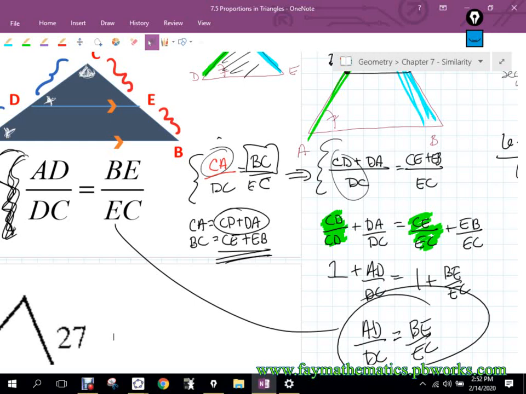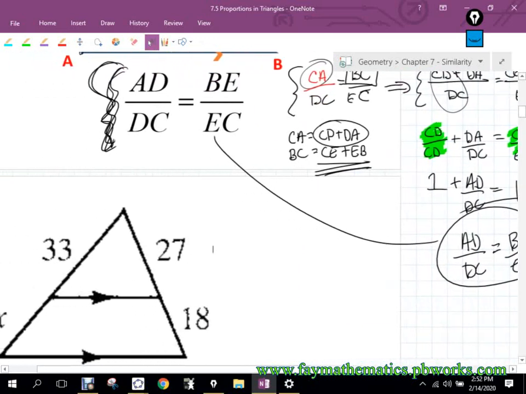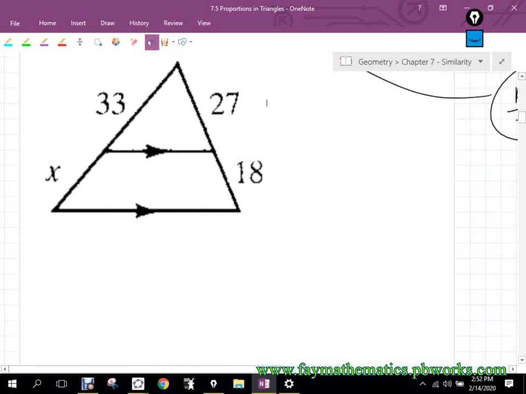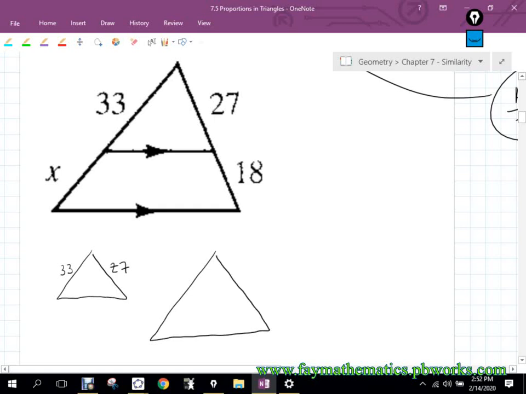So people always say that, and this especially happens back in section 7 too. If I were to give you this information right here, back in 7.2, the way we had to do this was that we took the 33 and the 27, and we looked at the other triangle, and this would be x plus 33, and this would be 27 plus 18, right?